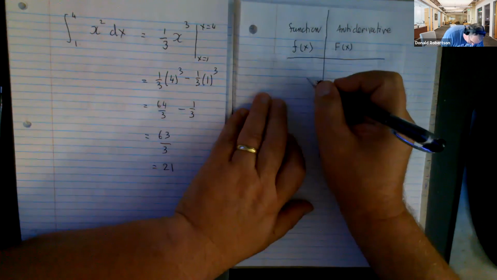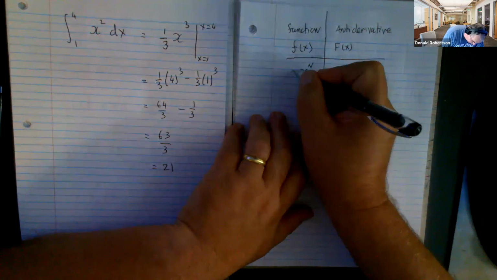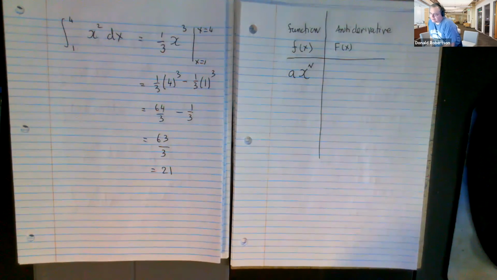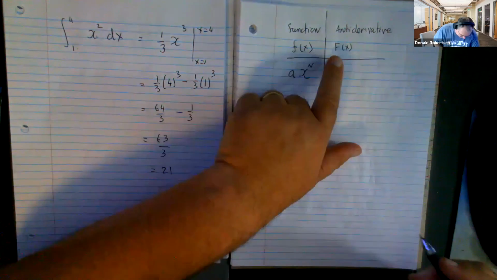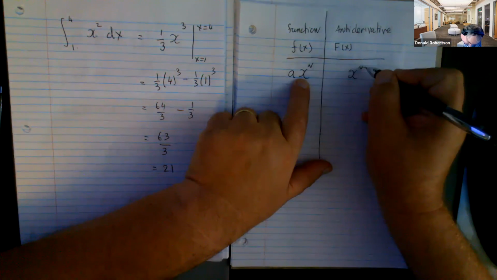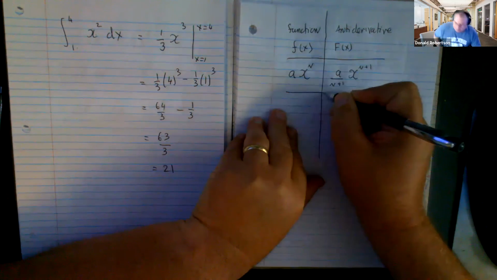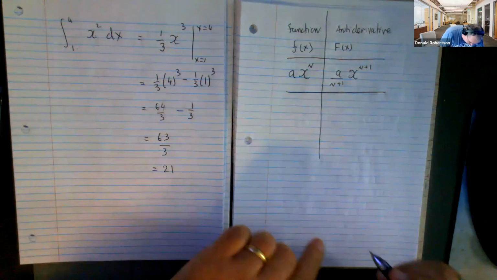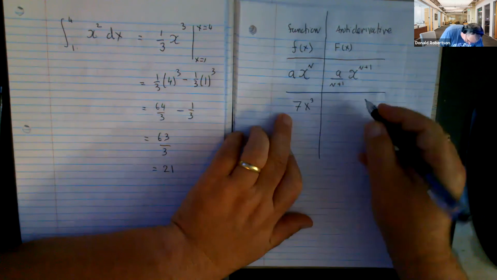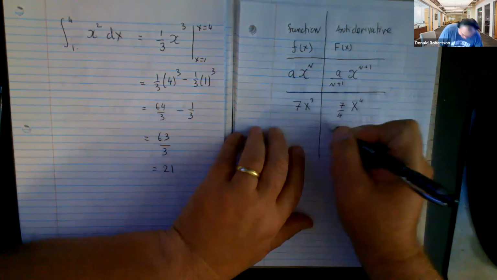If you had a function like x to the n, and let's say you had a multiple of it, call it ax^n, like 5x cubed or 2x squared, then the antiderivative would be: add 1 to the power and divide by the new power. And I put an example, totally random: 7x cubed. You would get an x to the 4 and divide by the new power. That would be the guy.